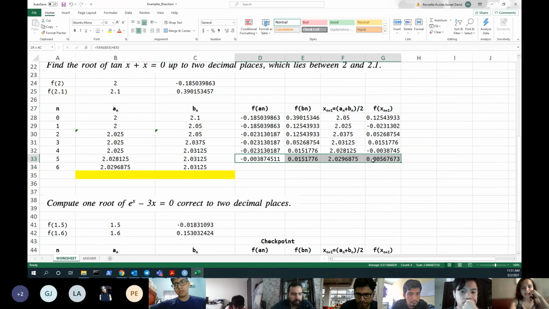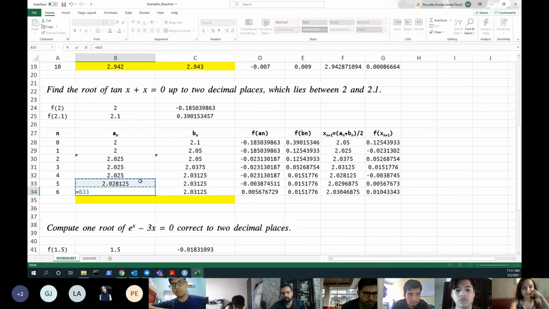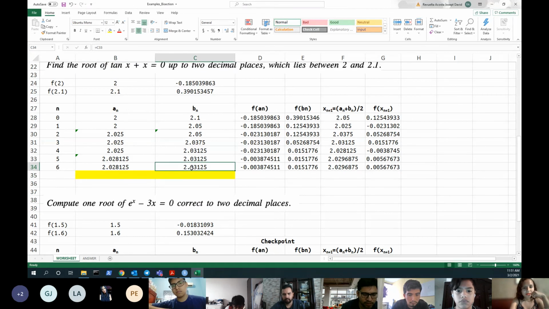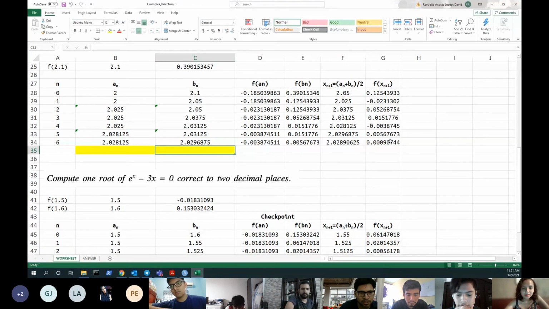Then I'm gonna do this, and then positive, positive, not good. So now this is the one constant, and this is the one taking this value, right? There you go. So the error is very low already.